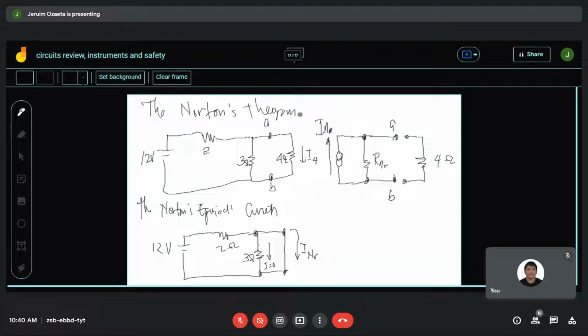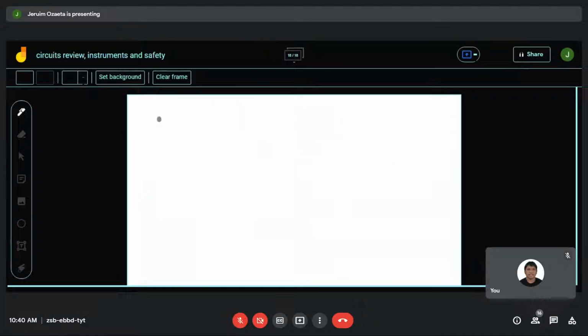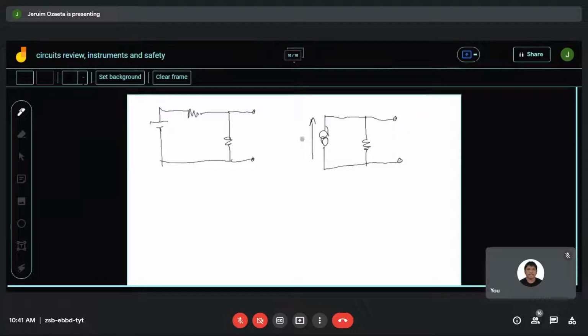Therefore, that's the current I sub 4. Again, this is 2 ohms.